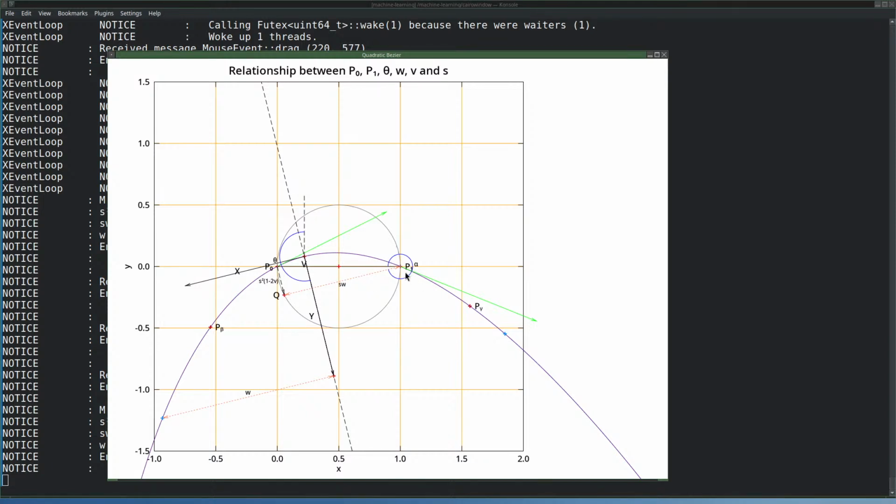That's true, but I can scale the whole thing to make the distance whatever I want, and I can rotate it. And then I can translate it. That doesn't change the shape of the parabola at all. So I can put P0 and P1 wherever I want.